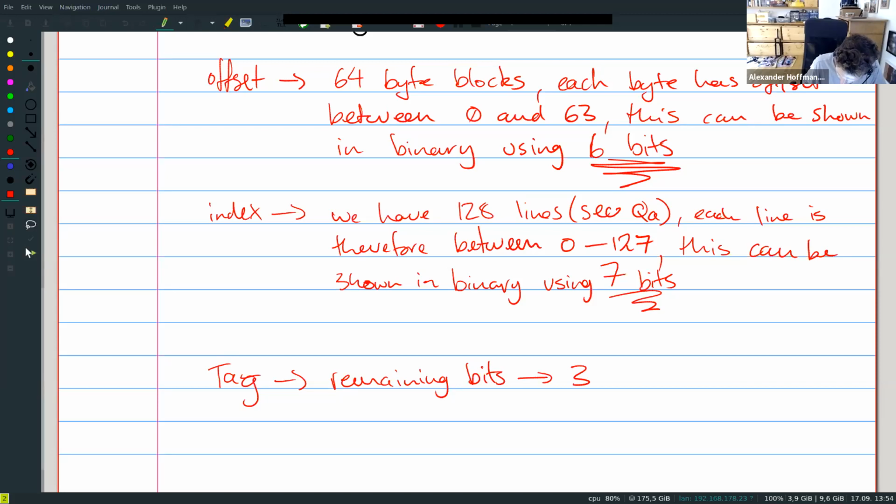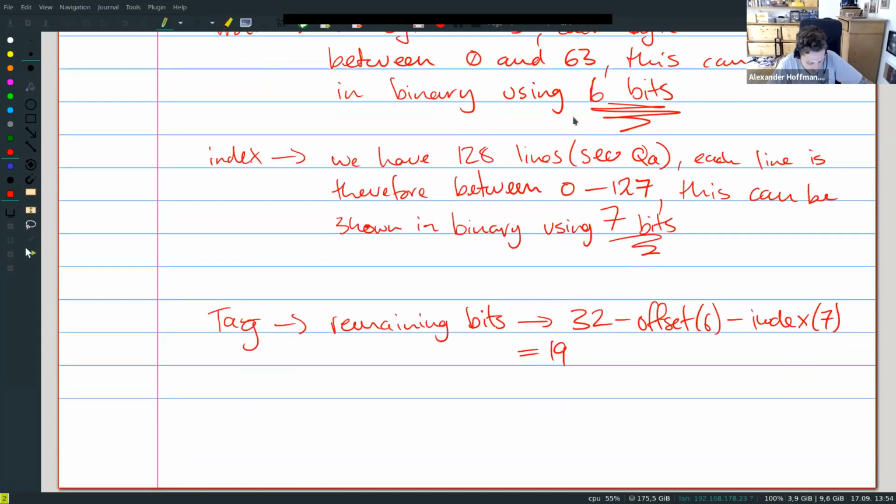It's 32 minus the offset, 6, minus the index, 7, equals 19, right? So we have a tag of 19, which is exactly what Chan said. So well done. This will be like the first sort of question that I might ask you. Is everyone good on this really quickly?